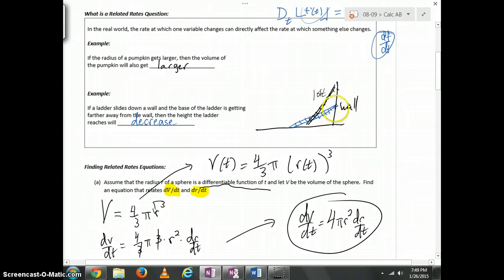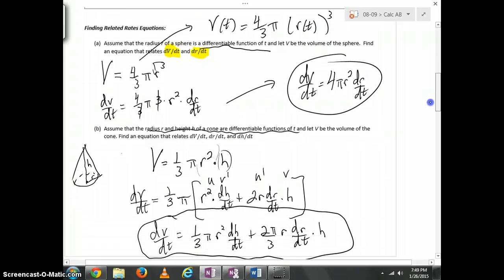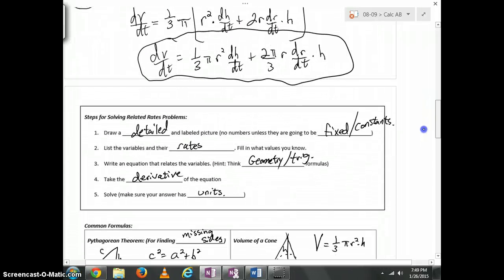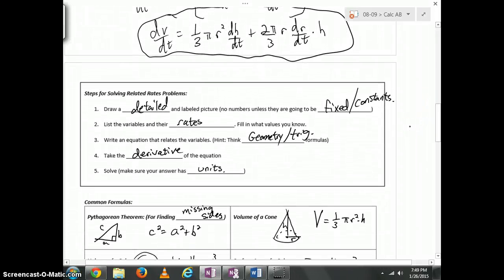The height, the distance from the tip of the ladder to the ground will be changing, but the length of the ladder itself is fixed. So use variables very frequently for items that are changing, that vary. That's why we call them variables. But use fixed numbers, constants, when you have a definite, constant, fixed length.